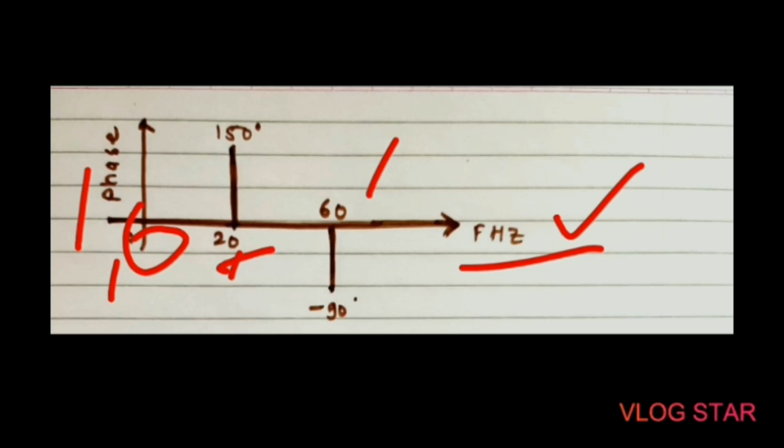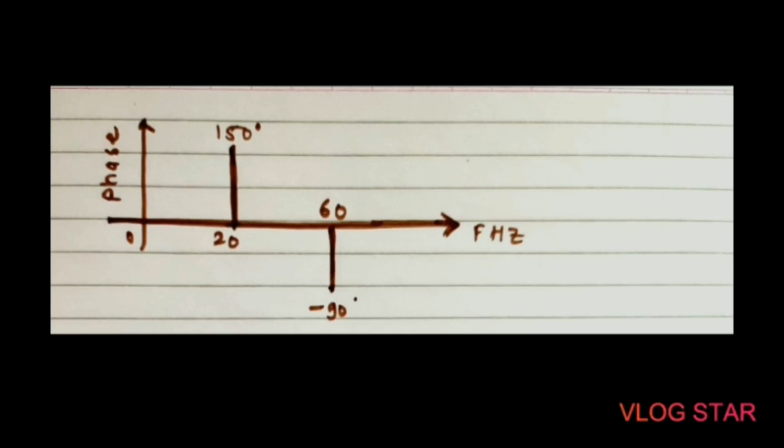At 20 hertz the phase shift is positive 150 degree, and for 60 hertz the phase shift is minus 90 degree, so it is drawn to the negative side. So this is the line spectrum of the given signal. I think it is clear to you.